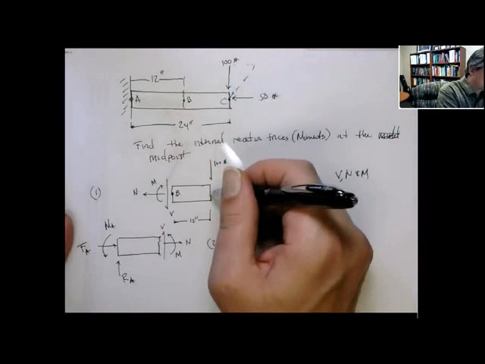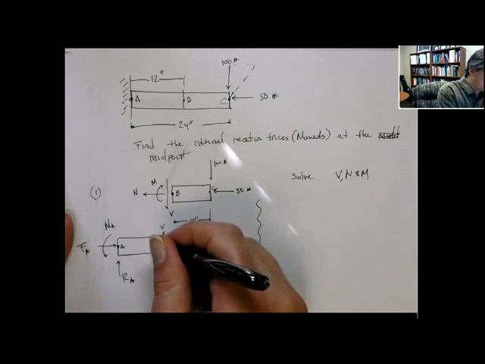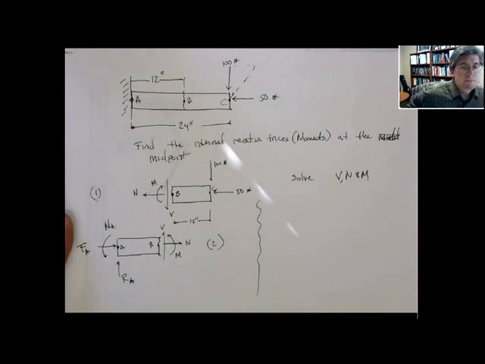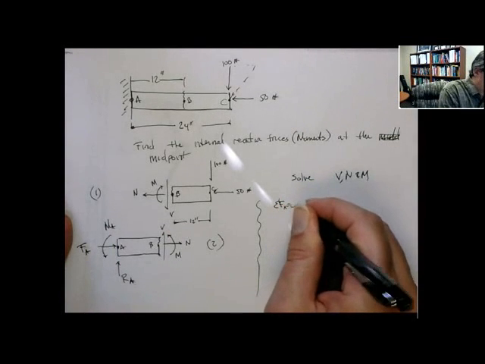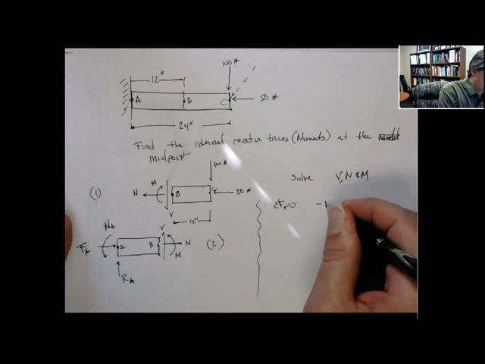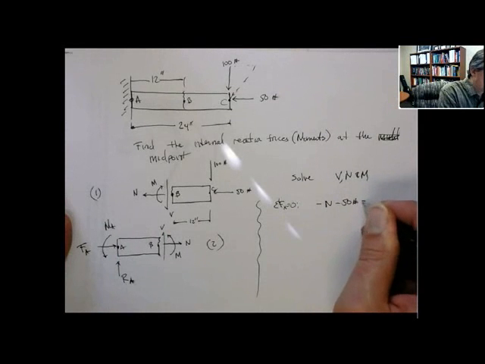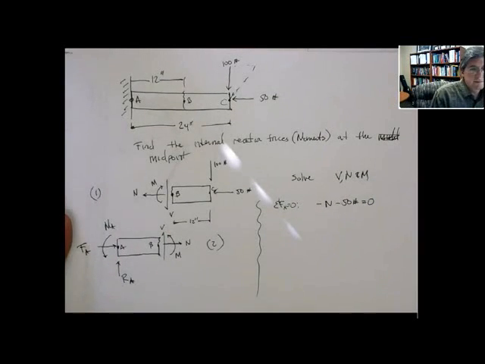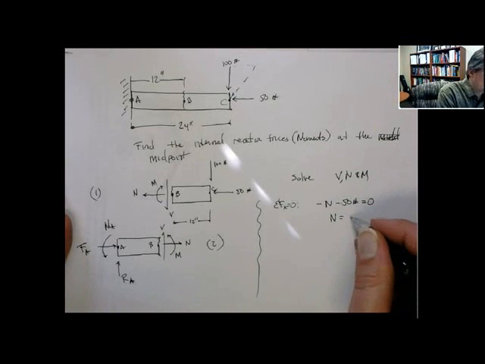This point C. Okay. So if we do sum of forces in x direction equal to 0, that gives me minus N minus 50 pounds equals 0. We can solve for N.